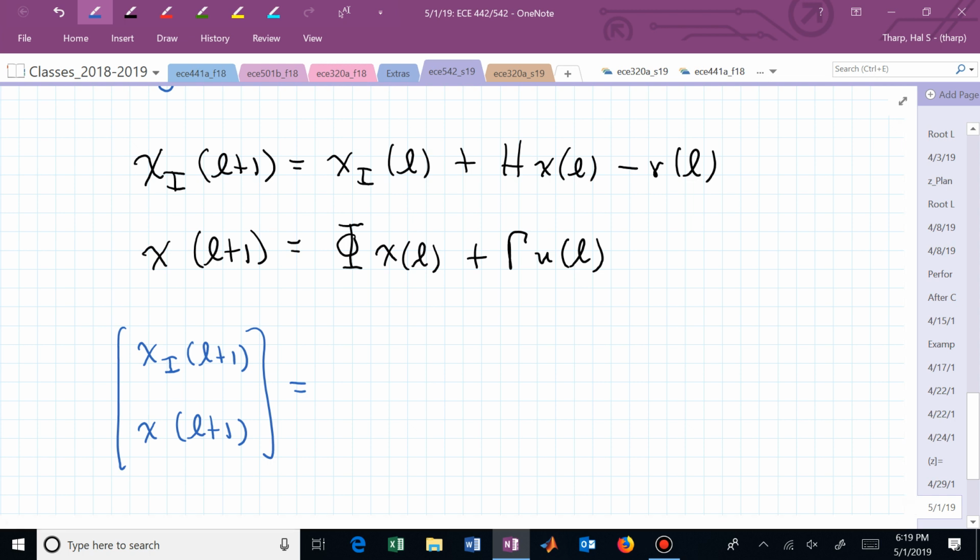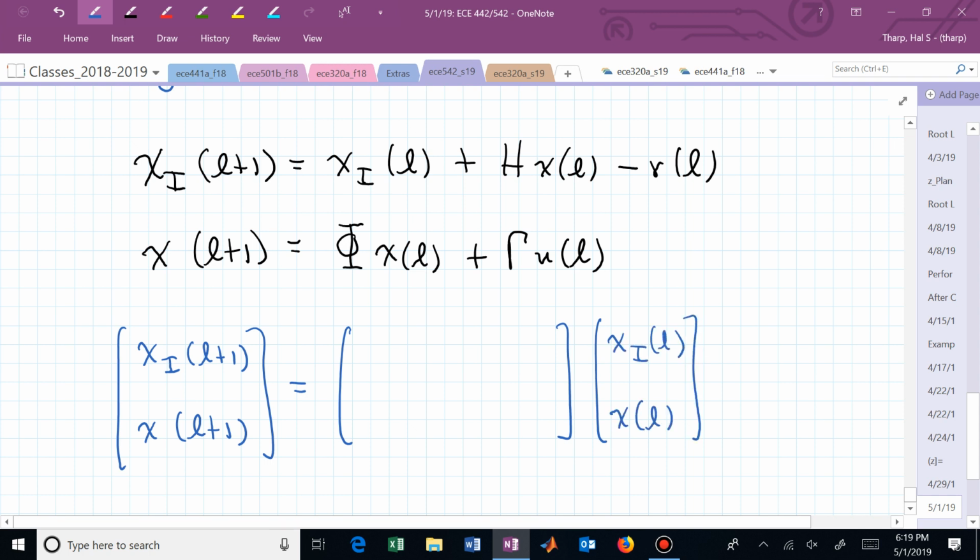That now needs to be in the notation of a state space representation. That now needs to be some matrix times my state vector at the present time. And what's in that state vector? How tall is x sub I?